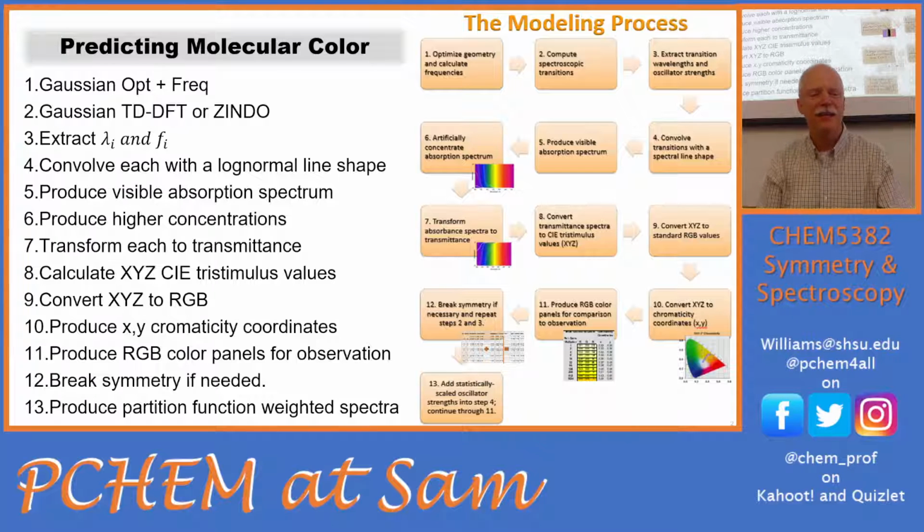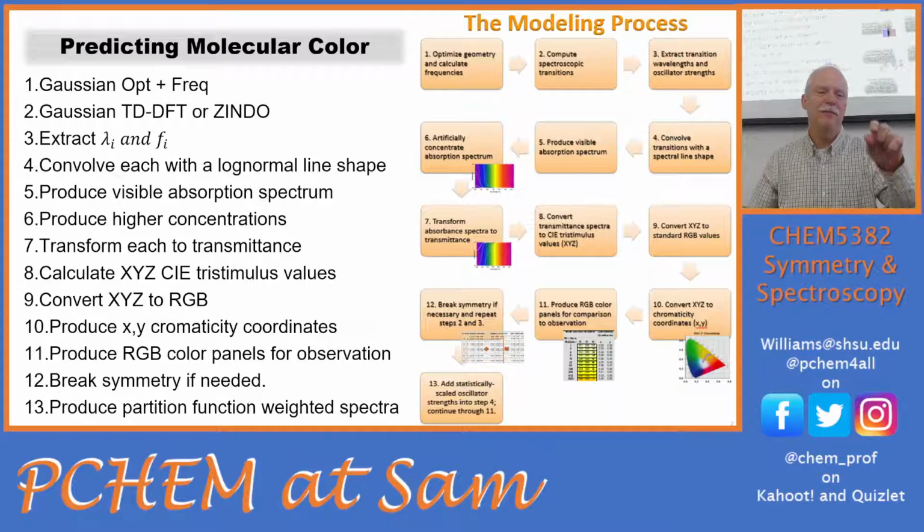Now, this last thing, this produce partition function weighted spectra, we are not going to do that. Okay. We're probably not even going to need to break the symmetry. So we'll probably be done at step 11. Okay. For our projects, step 11 is good enough. But one of these days, I'm going to hire a computer programmer to do step 13.